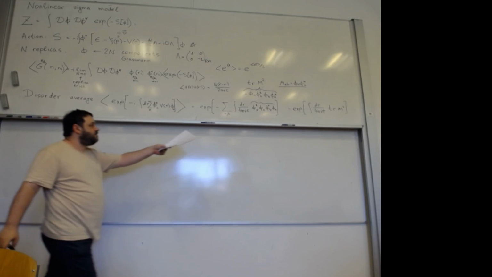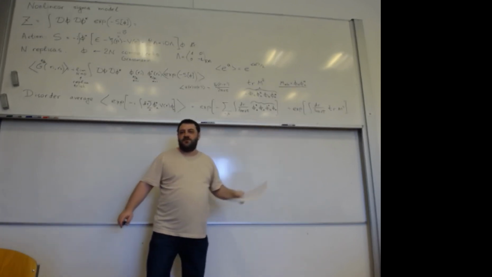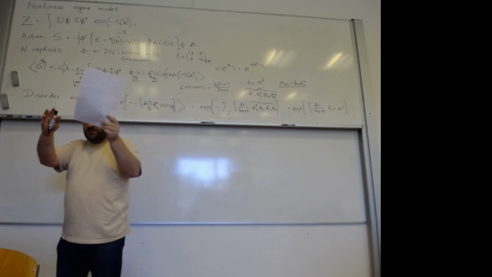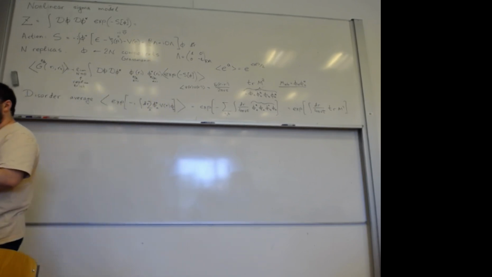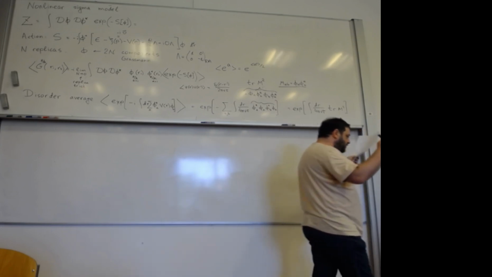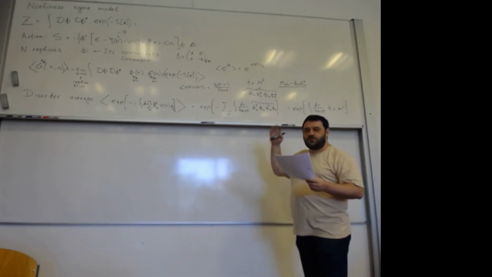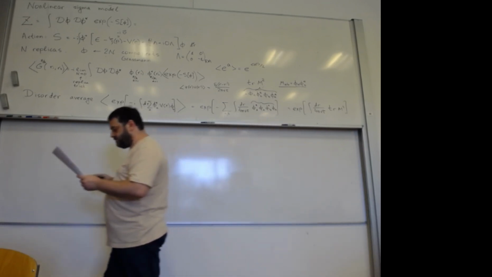Actually, it's an interaction between different replicas. You see, fields from one replica interact with fields in another replica, although we know it's just identical copies of our system. They do not know about each other. Each copy is separate. There is no real interaction. It's just a mathematical form. What happens after we average, we have this spurious interaction between replicas.